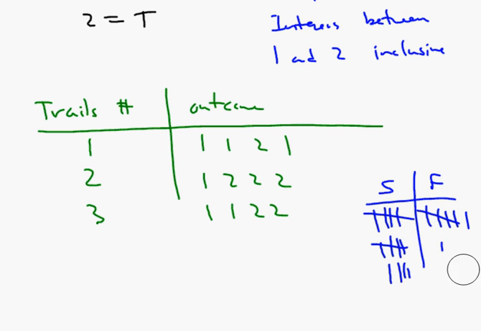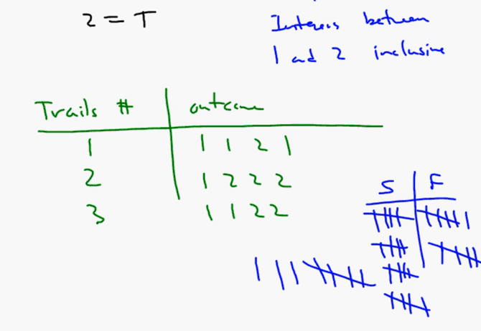I said 2 successes, put them in the wrong spot there. 2 successes. Success and fail. Success, fail. 2 successes. Success, fail. 2 successes. Success and fail. Okay. So that's many trials.